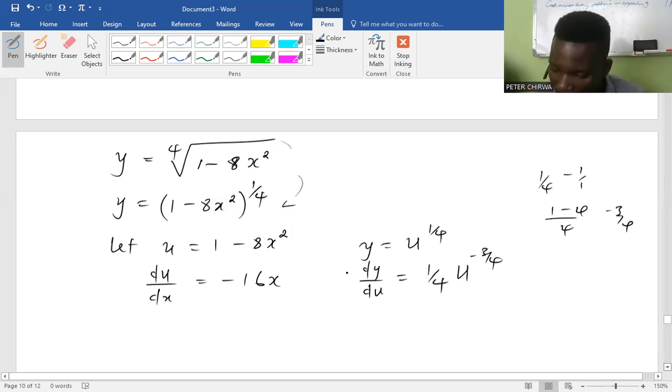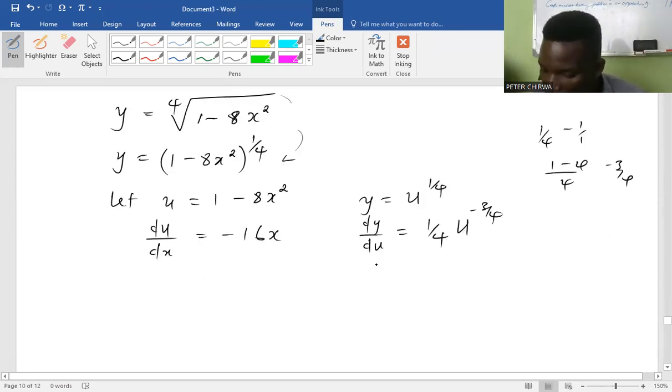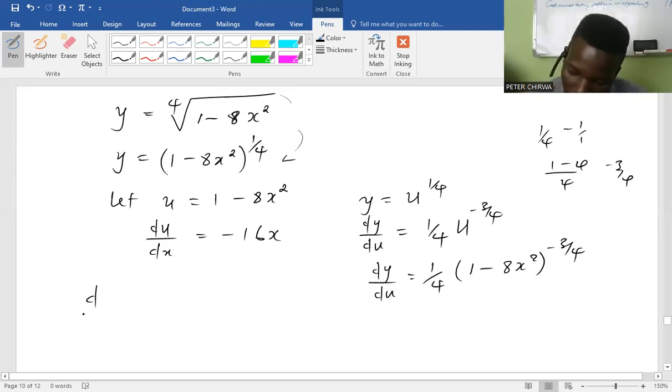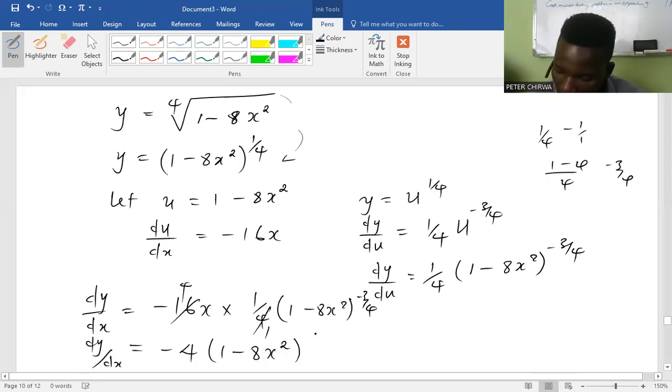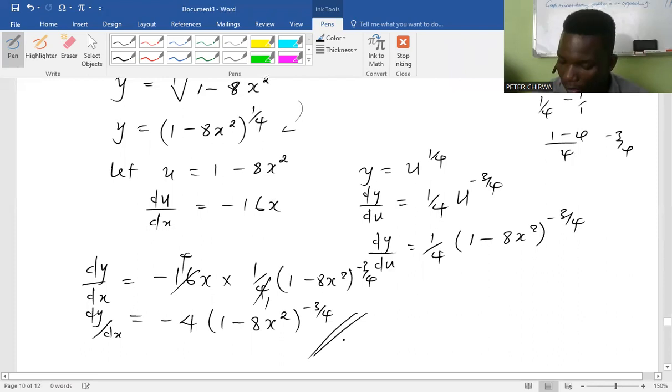And we replace u, where we're going to have the result over 4. So that is how you get to apply the chain rule, a function of a function.